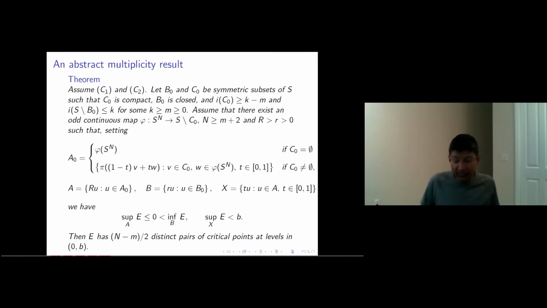So here's the abstract critical point theorem that we prove to get our multiplicity results. Assume that these two compactness conditions C1 and C2 are satisfied, and assume that you have two symmetric subsets B0 and C0 of the unit sphere with the following properties.